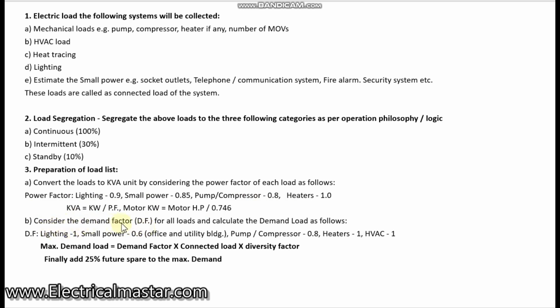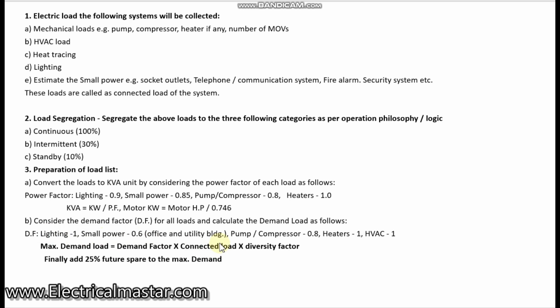Demand factor is applied to all loads to calculate the demand load. To calculate the demand factor, first you have to consider the diversity factor. Diversity factor means, for example, if you are connecting 10 motors from a single switch feeder, you connect 10 motors, but at a time you see only 5 motors running and another 5 on standby.